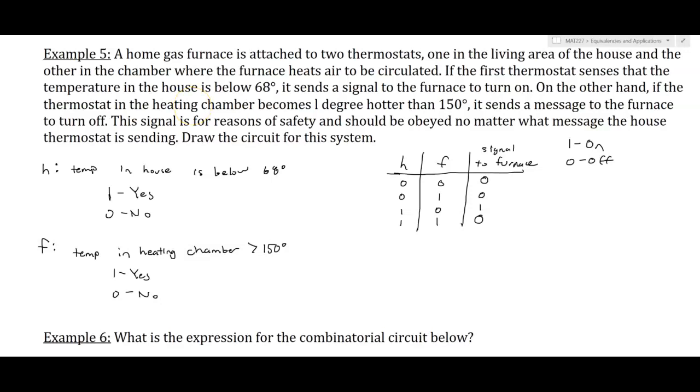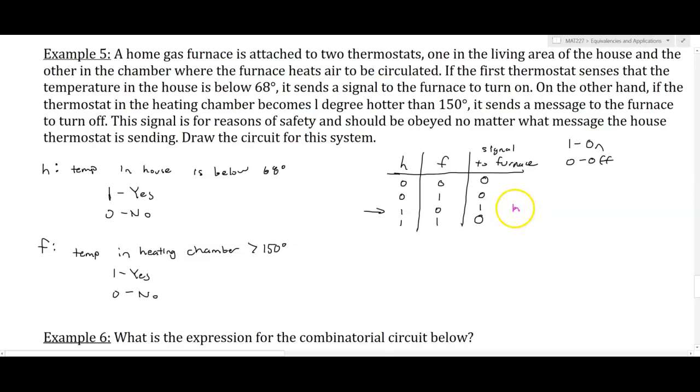So how do we build something where there's only this one situation where we have an output of 1? It isn't a simple AND gate, because an AND gate for H and F would require both inputs to be 1. However, if we look at this row and think about what must happen if I were to use an AND gate for only this row to output a 1, well, I would require H to be true.